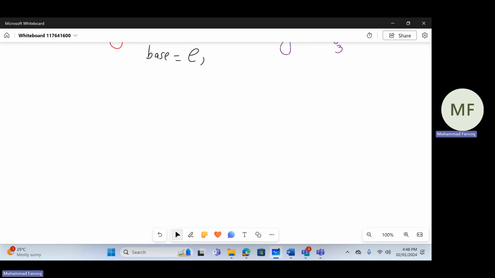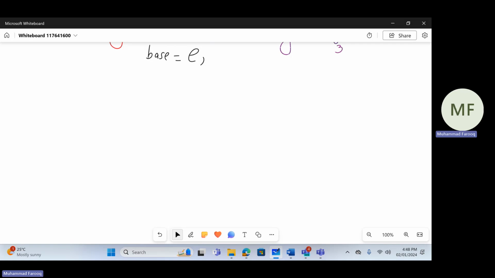There are some properties of log functions. I will list down some properties, because without these properties the log questions become very complicated and difficult. If you use these properties, the question becomes very simple.